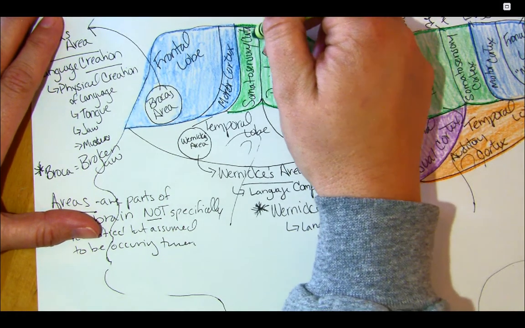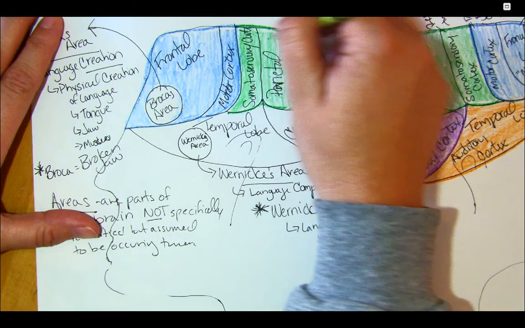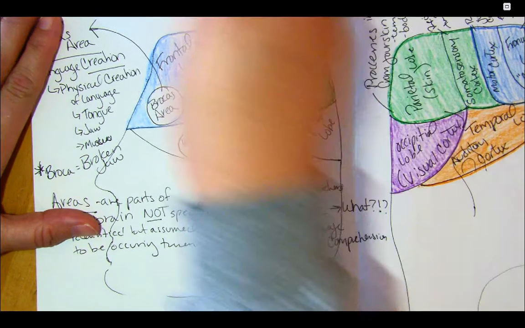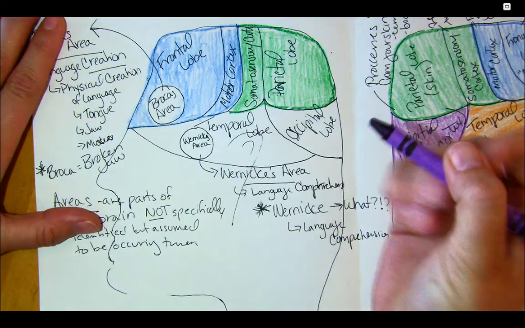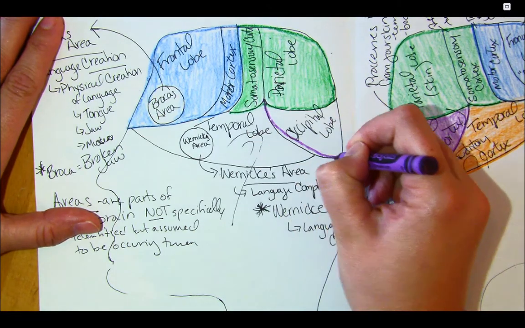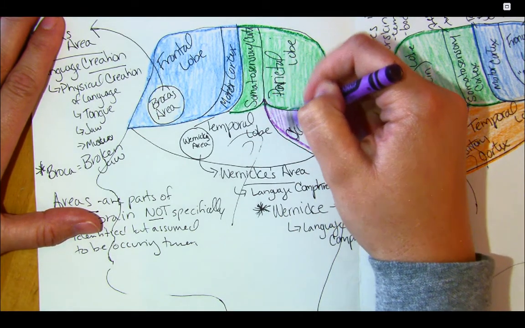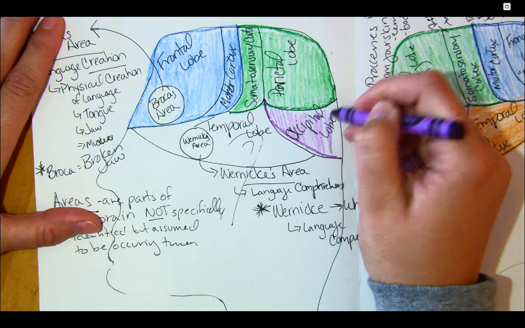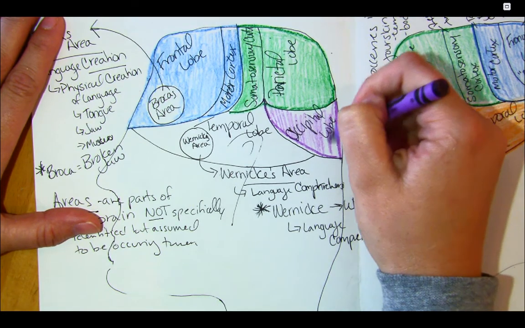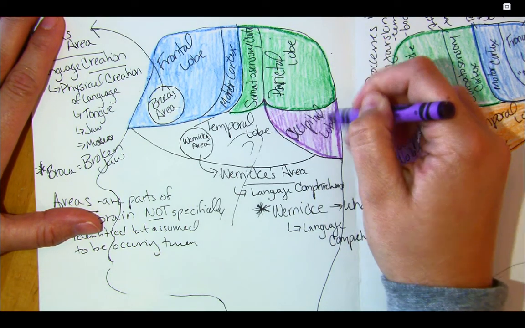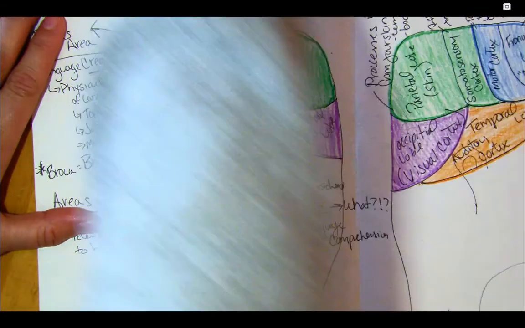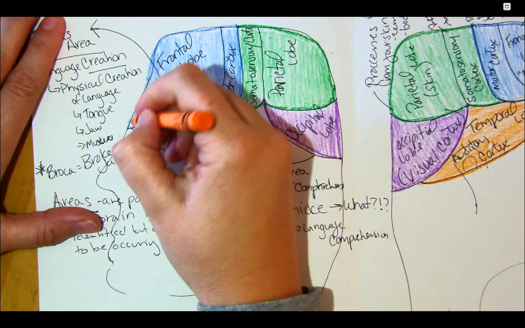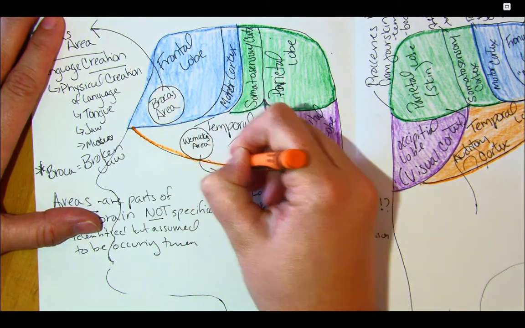Only two of them do, and that's your temporal and, of course, your frontal lobe. Okay, for me, my occipital lobe is going to be purple, and of course my temporal lobe is going to be orange.